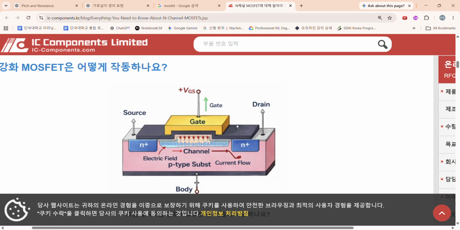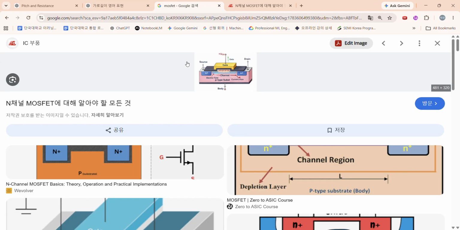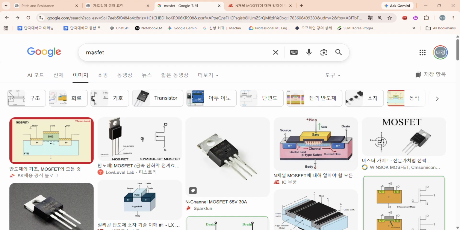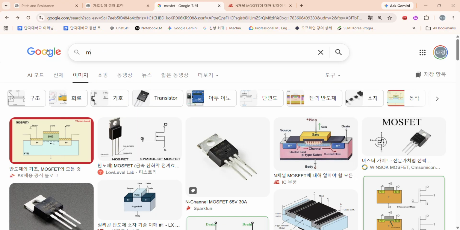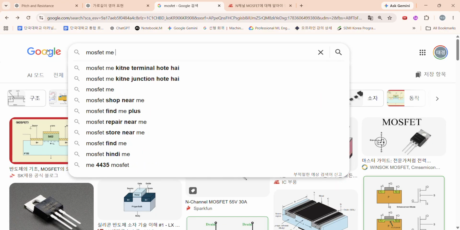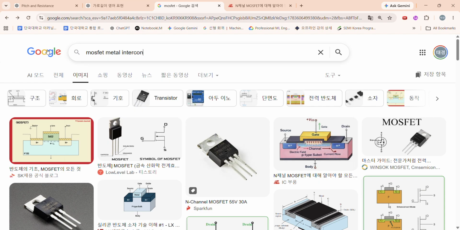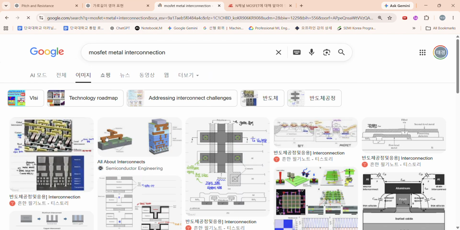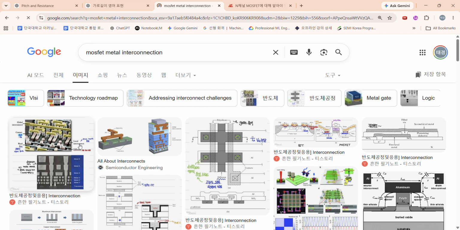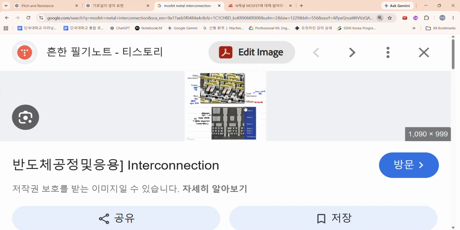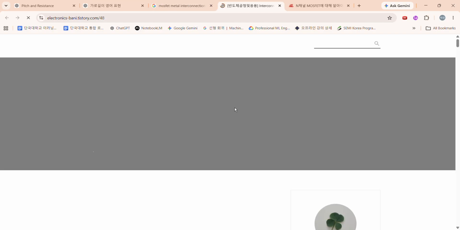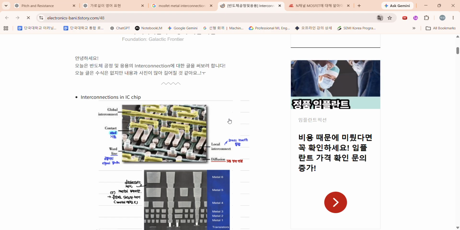We need to build metal into the gate and drain. It's the structure of a MOSFET.